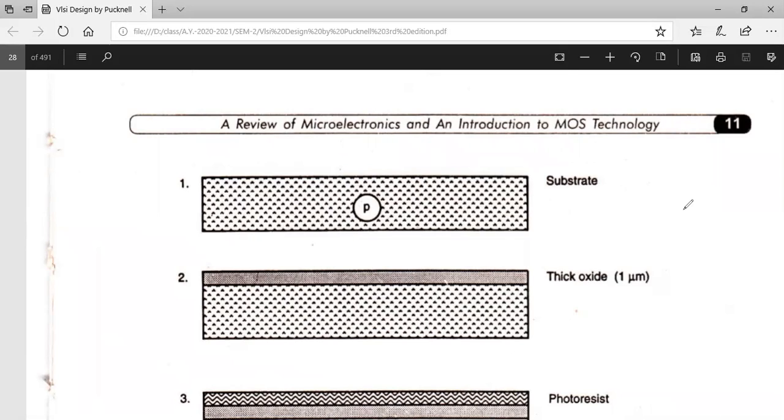Because I am designing an NMOS transistor, so my substrate should be p-type. The diameter of this silicon wafer will be in the range of 75 to 150 millimeter, and its thickness will be in the range of 0.4 millimeter. The resistivity will be in the range of 25 ohms to 2 ohms.